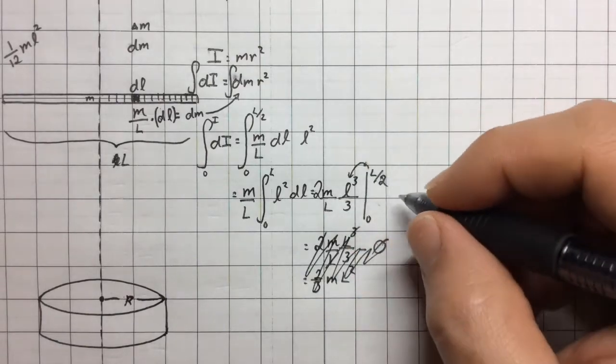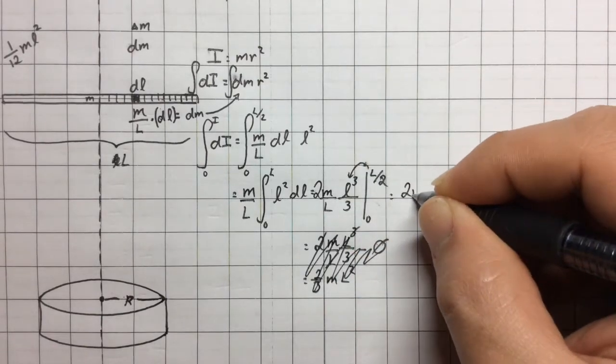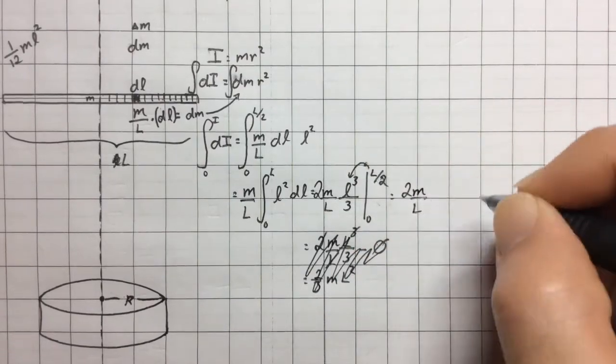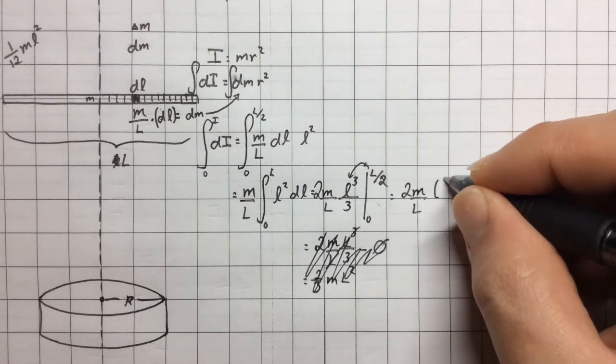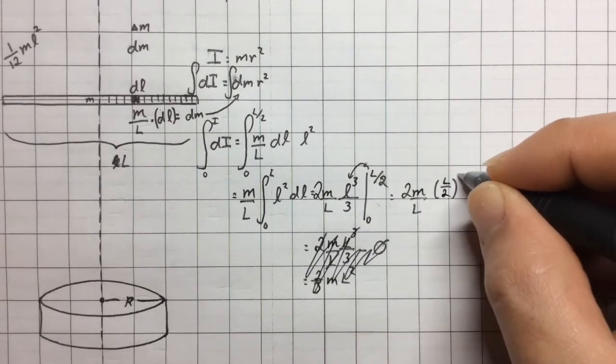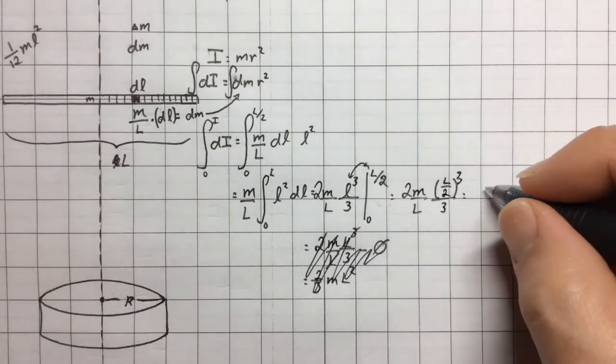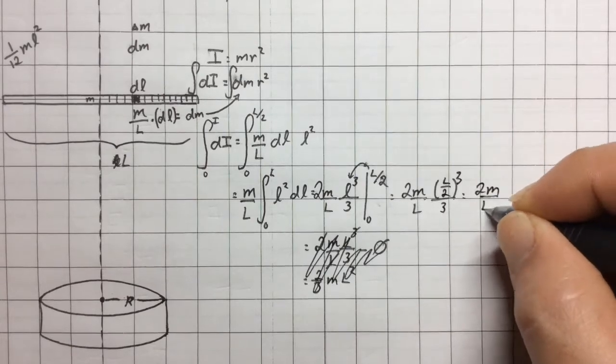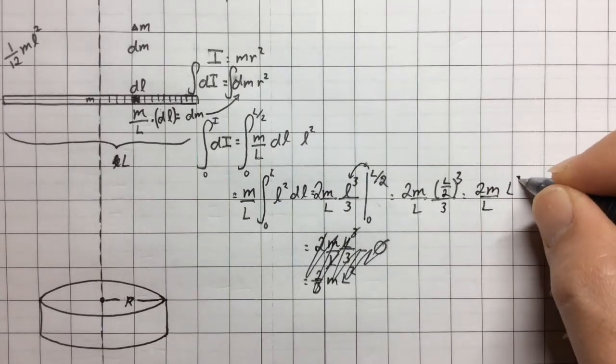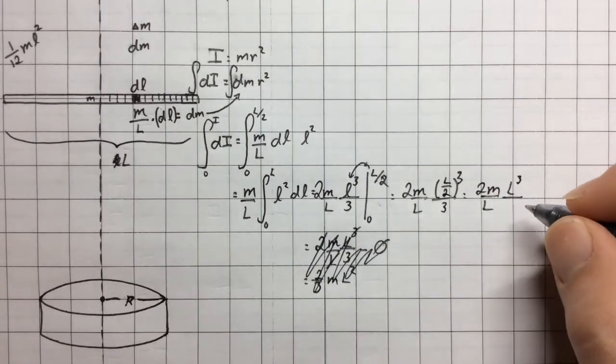But we'll plug this in again. So we have 2m over L, with L over 2 plugged in, cubed, divided by 3. This is going to be 2m over L, I've got L cubed there. 2 times 2 is 4 times 2 is 8.